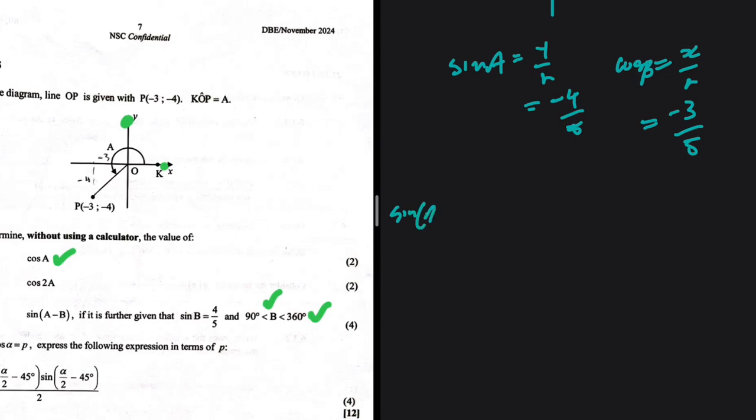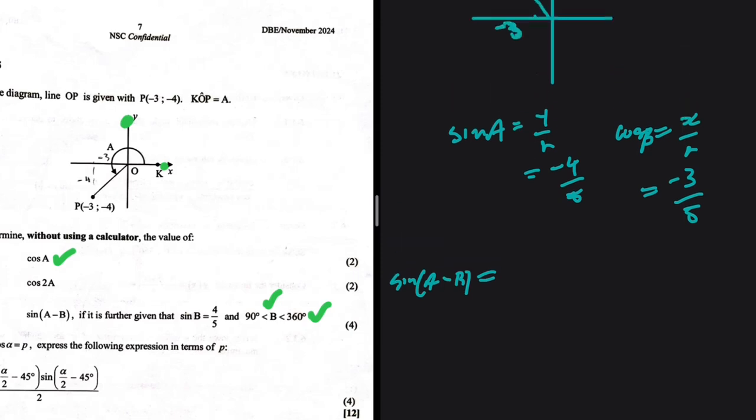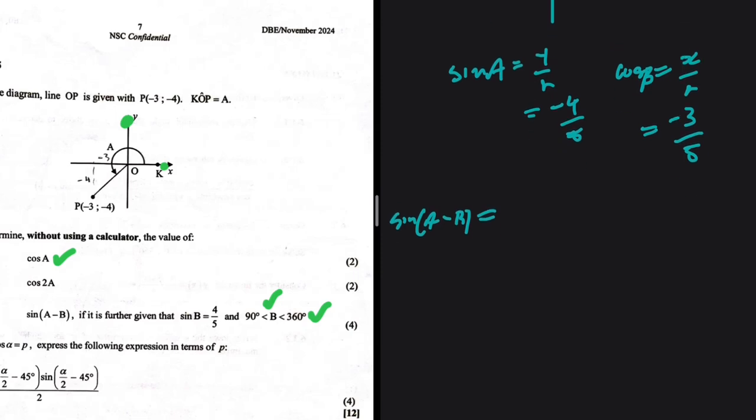So sine a minus b is going to be equal to sine a, which is, let me take a look, sine a is y over r, right? So minus 4 over 5. And then cos b is minus 3 over 5. Then we have minus cos a.